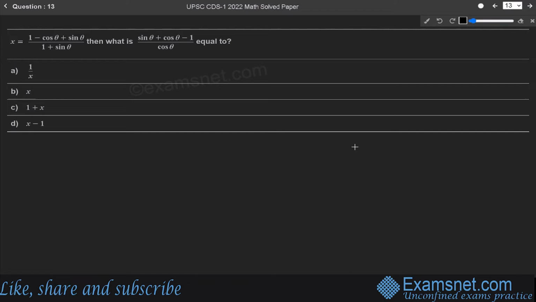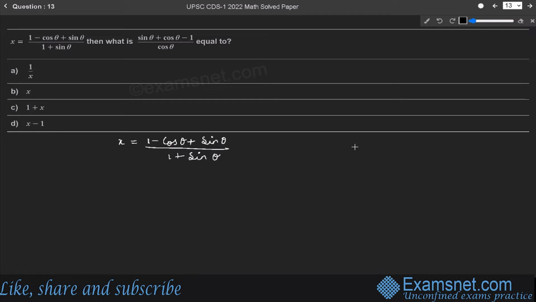Next question is, if x is equals to 1 minus cos theta plus sin theta upon 1 plus sin theta, then what is the value of sin theta plus cos theta minus 1 upon cos theta? See, this question is very important because this type of question frequently comes in the exam, and this question requires a shortcut trick to get the solution.